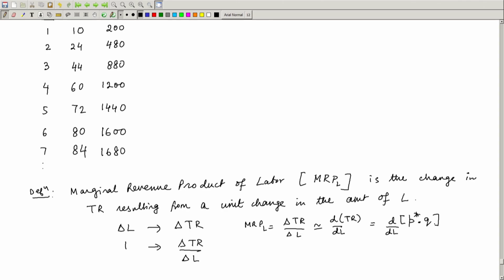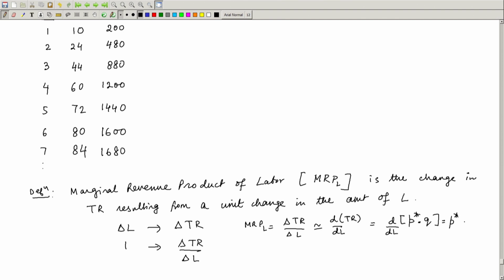We will say that the firm is a competitive firm, which means it takes the price P star as given. That price P star is 20 rupees for us. So, this is a firm which cannot decide the price P star, it is taking it as given, 20 rupees per unit. As far as the firm is concerned, this is a constant.